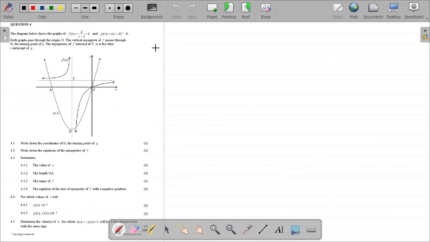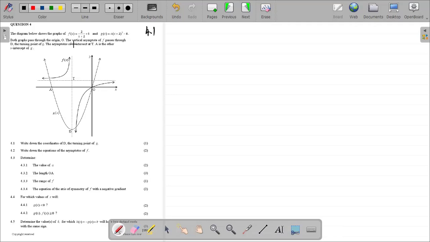Okay, so let's go to question 4 now. They say the diagram below shows the graphs of f of x equals 2 over x plus 2 plus 1, and g of x equals a into x plus 2 squared minus 8. Both graphs pass through the origin O. The vertical asymptote of f passes through D, the turning point of g.